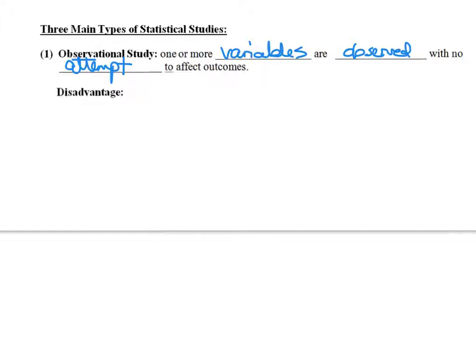So an observational study merely means that we are going to observe something that is already occurring usually.